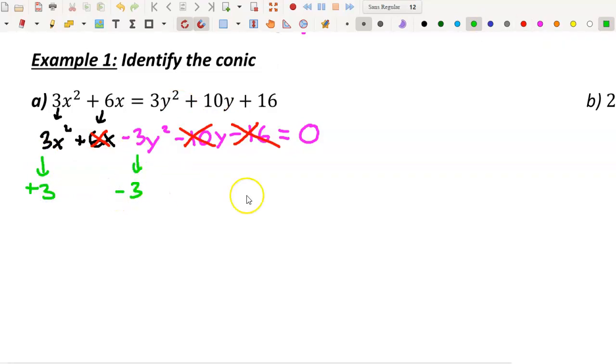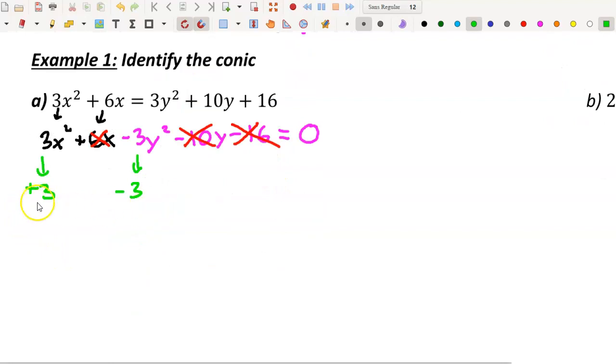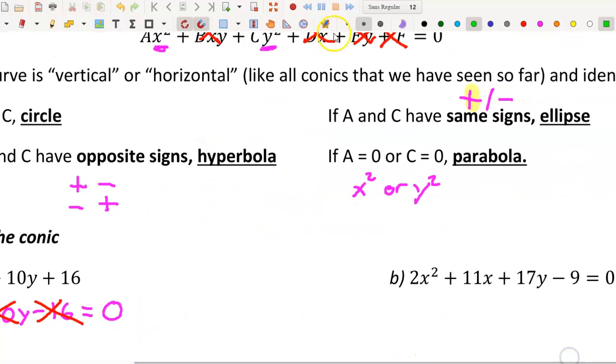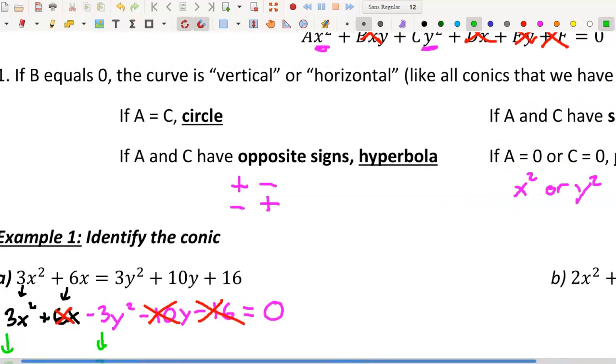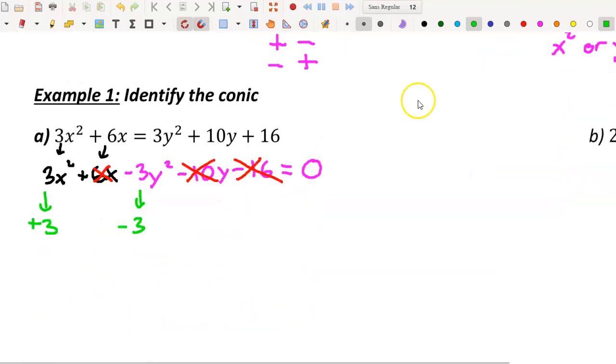So which shape would that be, looking at all these? Well, if A equals C, nope, they're not the same. One's positive, one's negative. And you just go through the list. Do they have the same signs? No, one's positive, one's negative. Is one of them 0? No. Do they have opposite signs? Yes, we have one positive, one negative. That makes it a hyperbola.